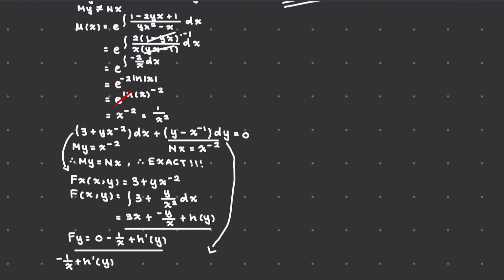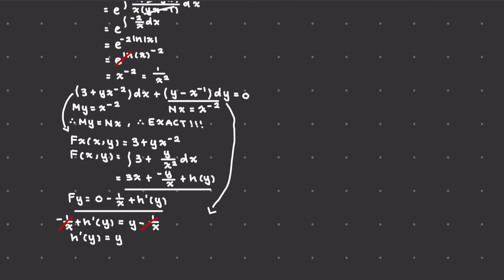So it equals y minus 1 over x. We can see here that −1 over x and −1 over x cancel with each other. And so let's cancel them out, and h'(y) becomes y.